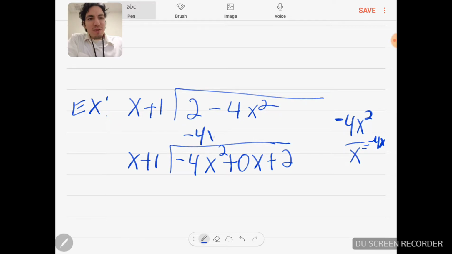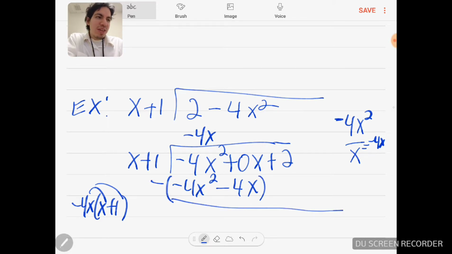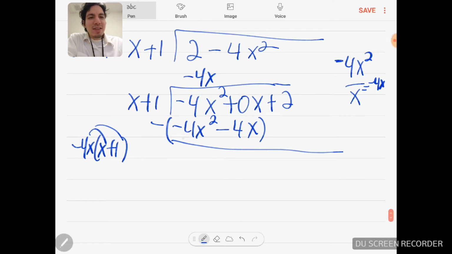So I take negative 4x, I multiply that by what I'm given. Negative 4x times x plus 1, and I get negative 4x squared minus 4x. I subtract, so I change the signs. This cancels, and I get positive 4x plus 2.